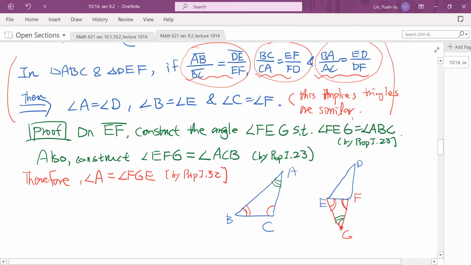So let me do it here. By the AAA similarity scheme, you need to indicate it's a similarity scheme.